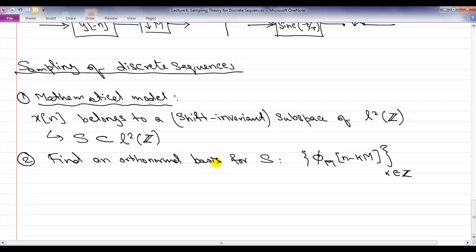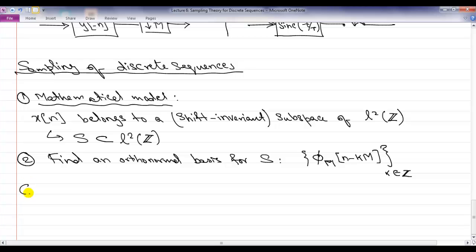Once we have the basis found for the subspace, what is it that we have to do next to find the approximation of a sequence in L2 of Z within that subspace? We just use our projection formula that we have been using for the last 2 or 3 lectures.